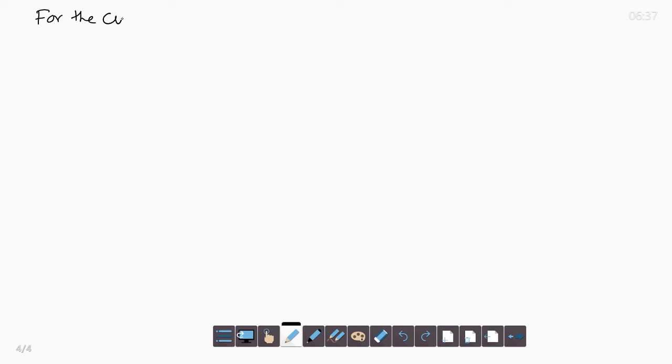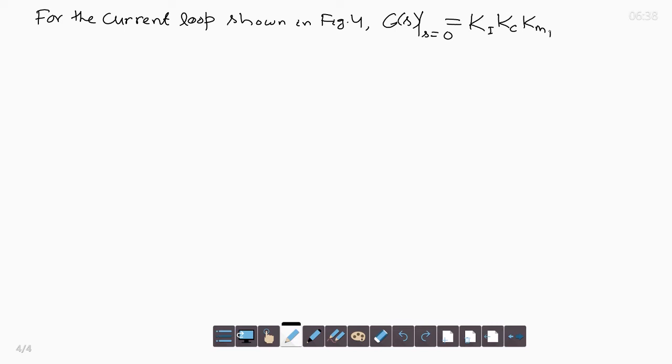For the current loop, which we have shown in figure 4 earlier, we have drawn it in this closed loop analysis. From figure 4, GS at S equal to 0 is KI into KC into KM1, and the feedback gain HS for the current loop at S equal to 0 is KR.